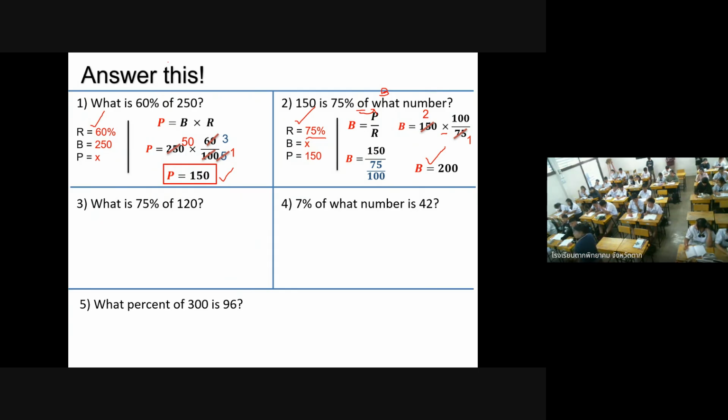Next, number 3. What is 75% of 120? Which value is missing? Which value is missing? Okay, P is missing.